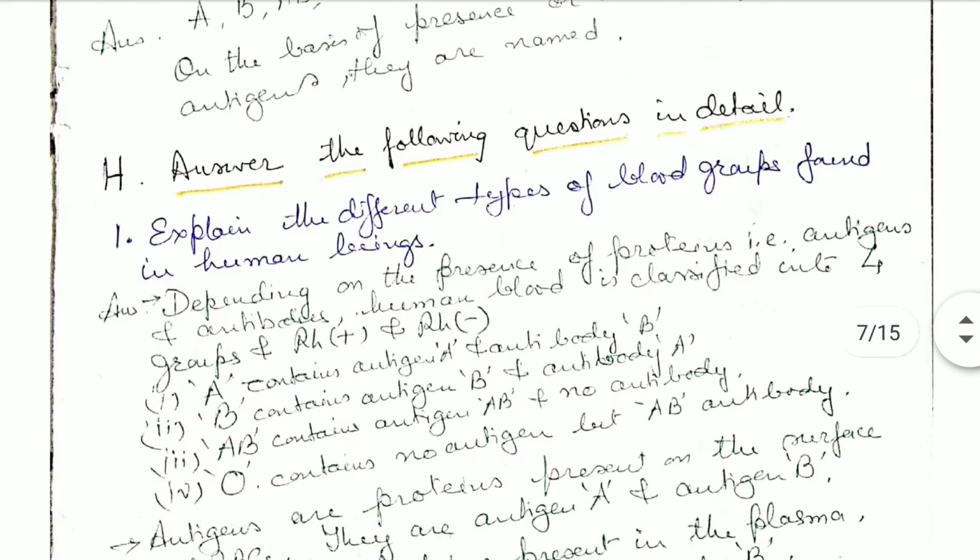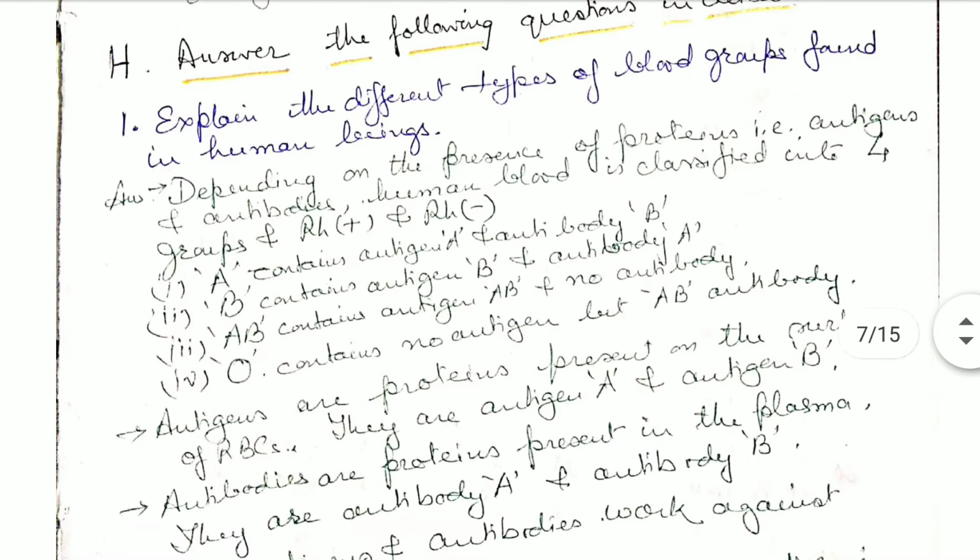Then answer the following questions in detail. First question, explain the different types of blood groups which are found in human beings. Depending on the presence of the proteins, that is antigens and antibodies, human blood is classified into four groups, and each is Rh positive or Rh negative.